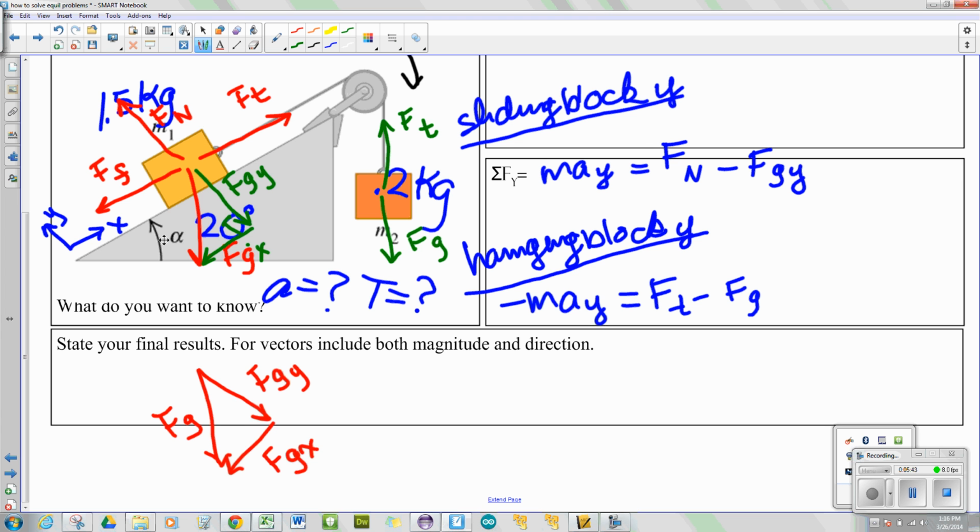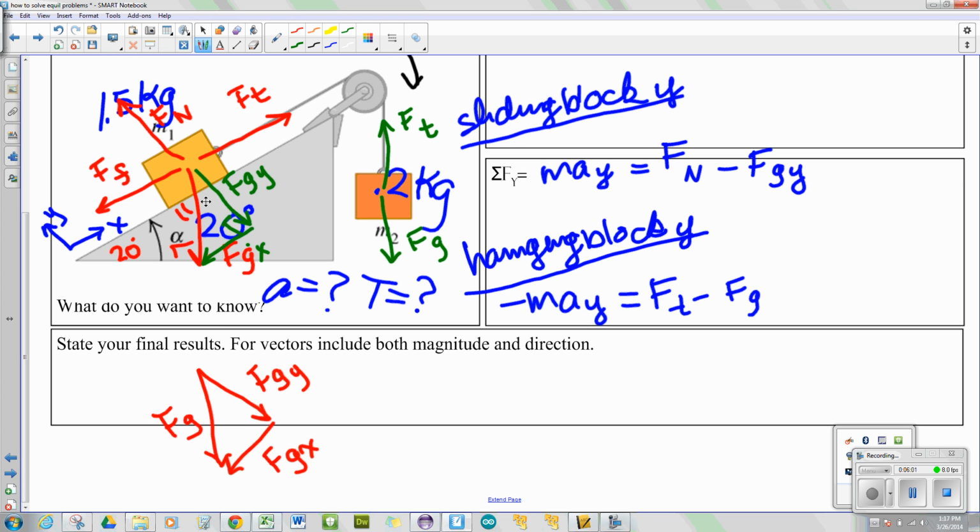Okay. Now, this right triangle that I'm outlining here, there's my right angle. This is my 20 degrees that was given in the problem. This right here will be the complement of 20, which is 70.